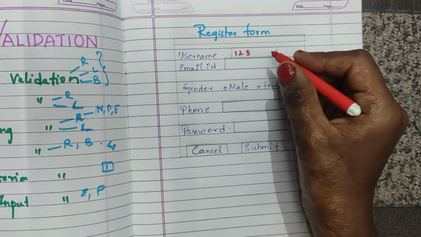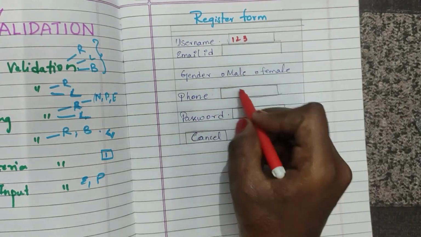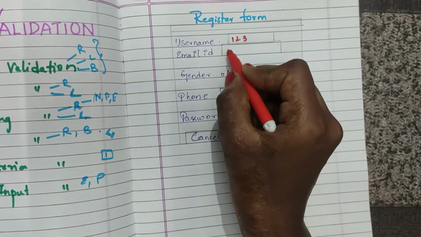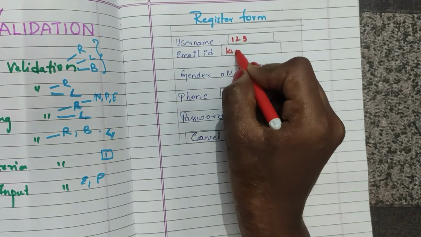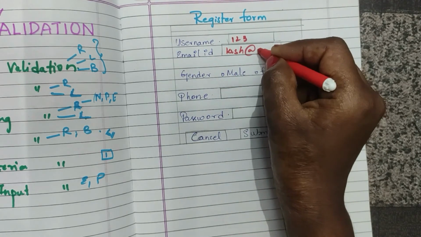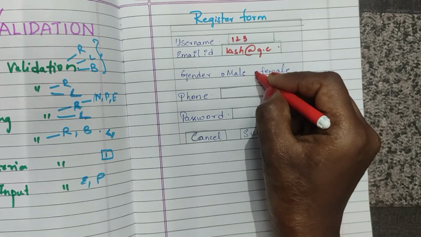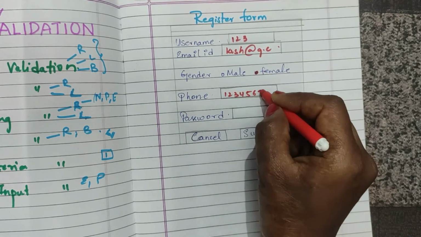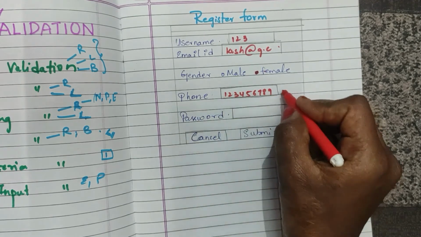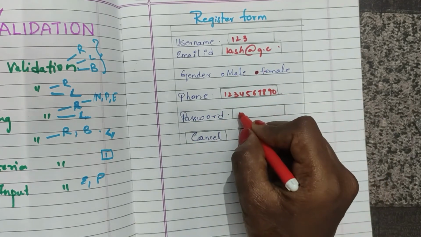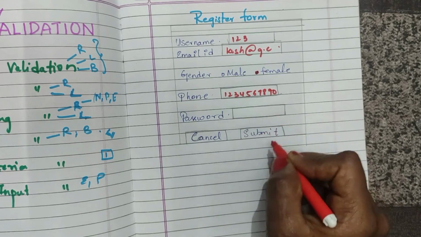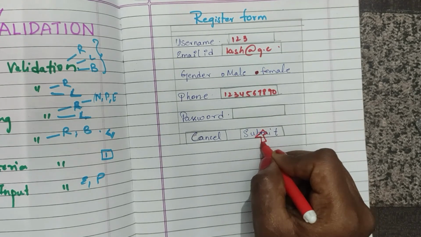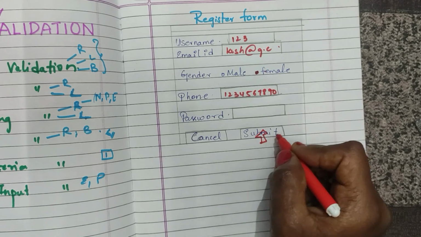Now moving on to form level validation. When I enter all the details, the Gmail, kush@gmail.com, female, phone number with 10 digits, and leave the password empty and give submit, it will prompt telling me to please enter the value.